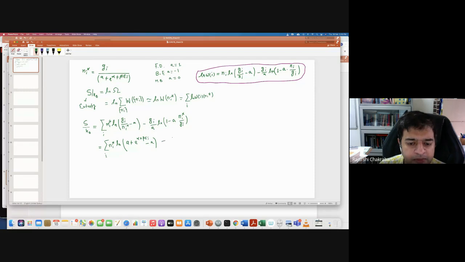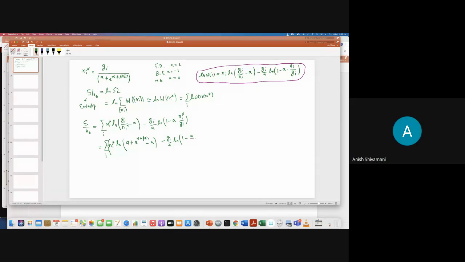What is the next term? The next term is gi divided by a ln, again 1 minus a into ni star by gi. Ni star by gi is again 1 by a plus e power alpha plus beta epsilon i.